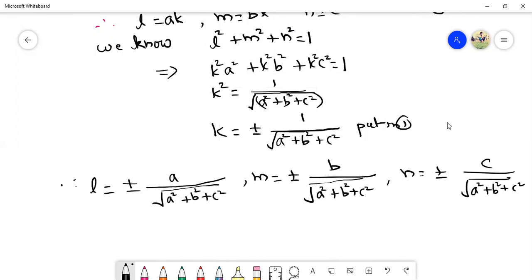Therefore, direction cosines are this. A, B, C are direction ratios, and these are the direction cosines.